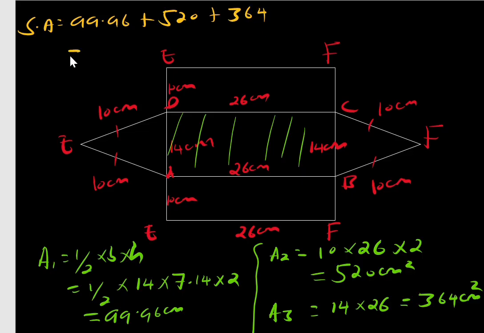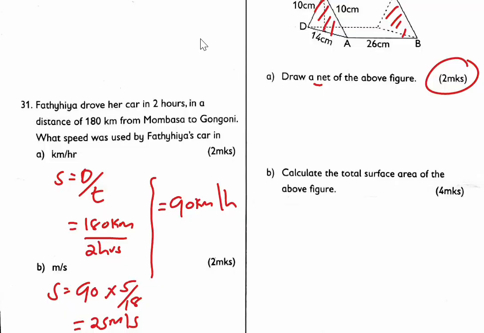When you add those, you can see the answer is 983.96 centimeters squared. So that is the surface area of that figure. We score those 4 marks, so we are done with part B.